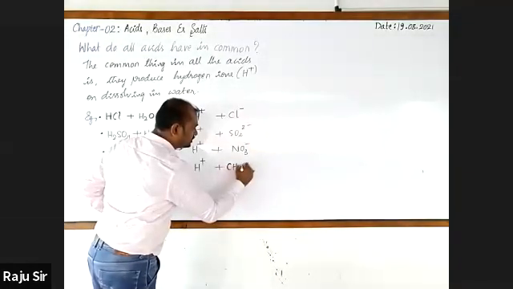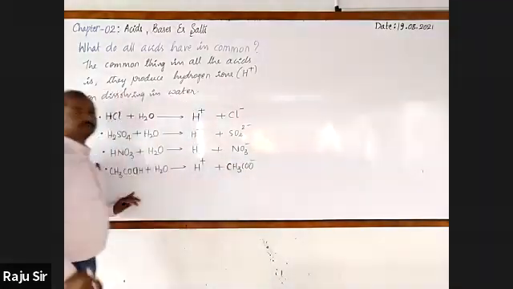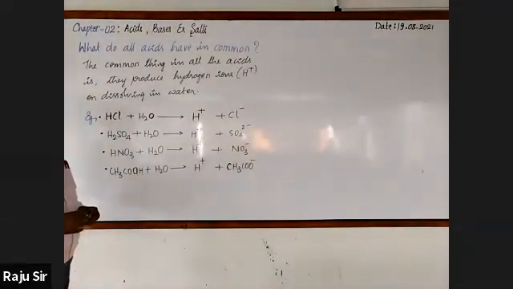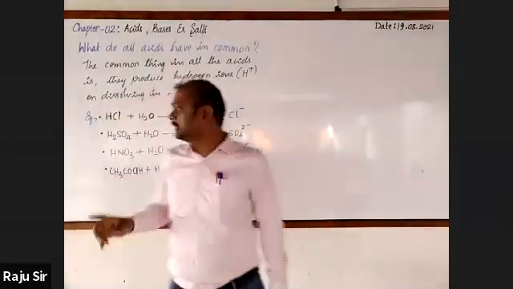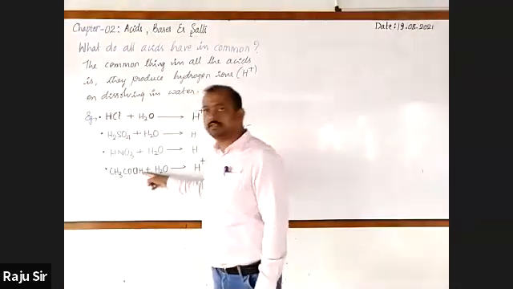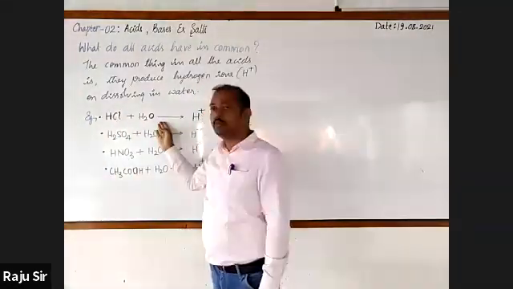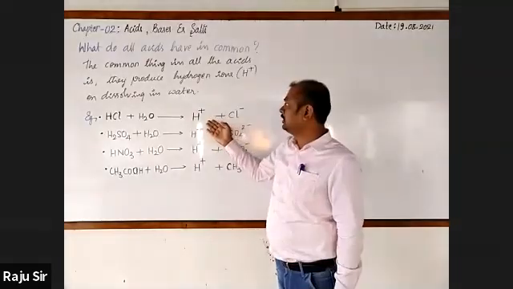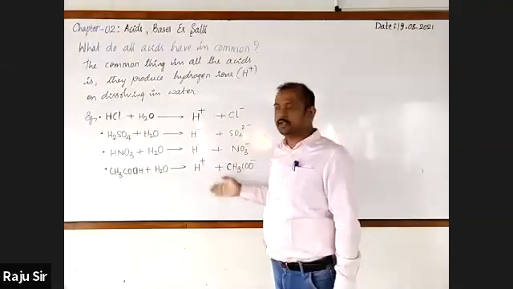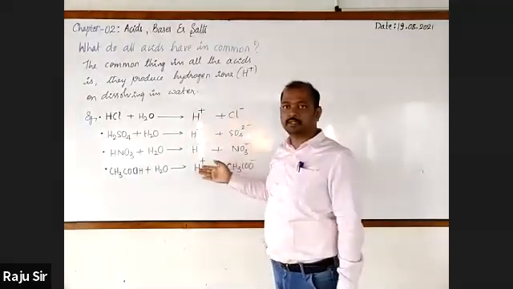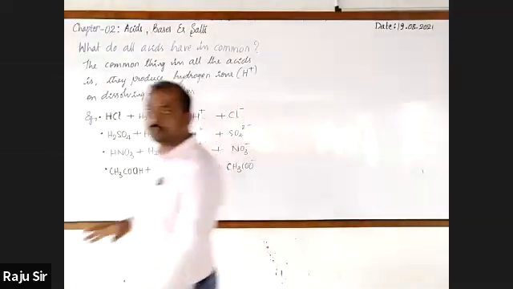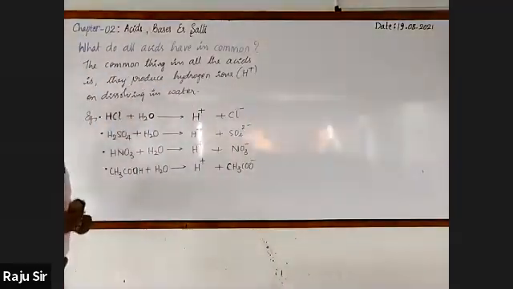So the common observation that we can make in all the acids is that when they are dissolved in water, they produce hydrogen ion. In all of them hydrogen ion is coming. Right?